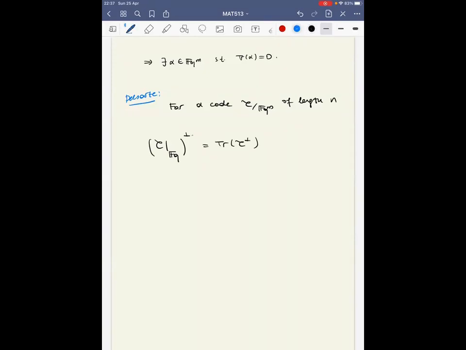Here the first inner product is determined by a bilinear form over F_q, and indeed here we only consider the Euclidean inner product.